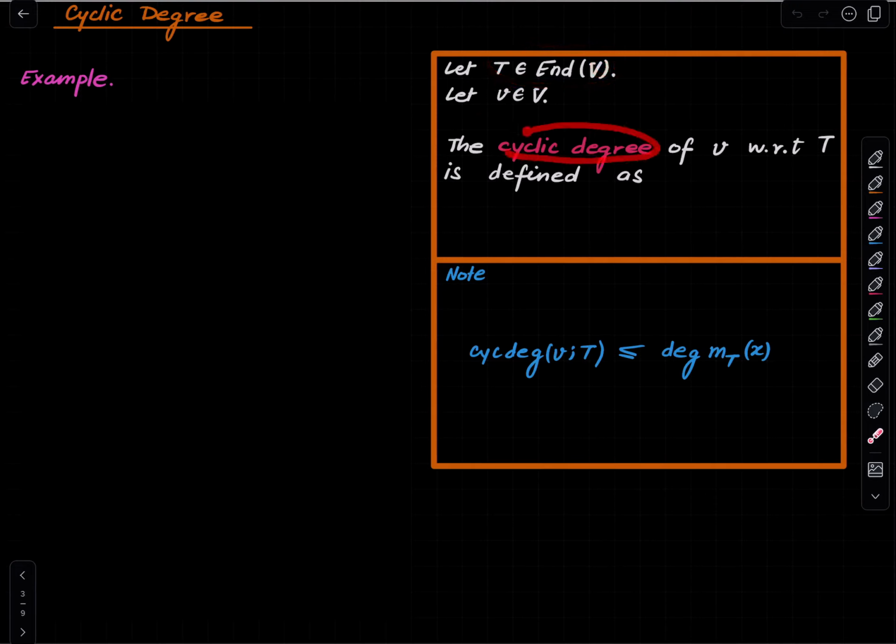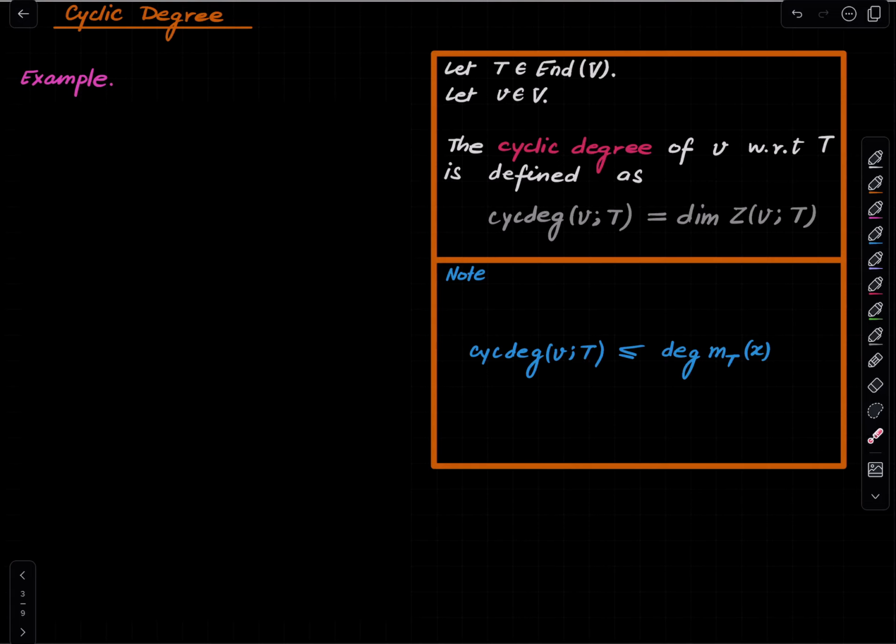Then the cyclic degree of the vector v with respect to the endomorphism T is defined as, notationally, it is how we denote it, but the definition is it is just the dimension of the cyclic subspace generated by the vector v. You might say, why even bother to give it a name? But we have given it a name. I think it's a good name.